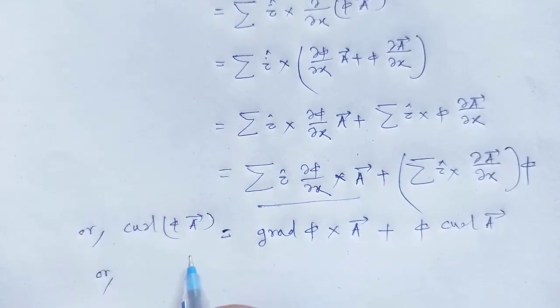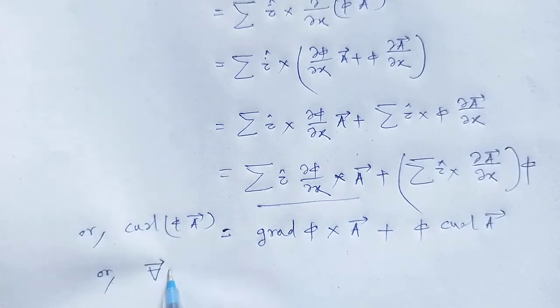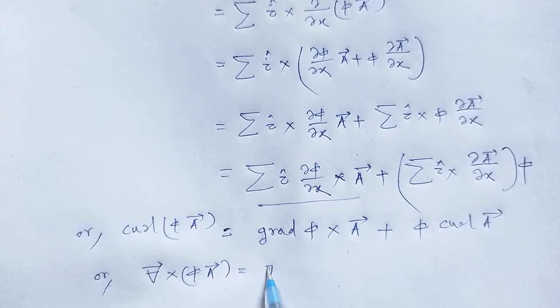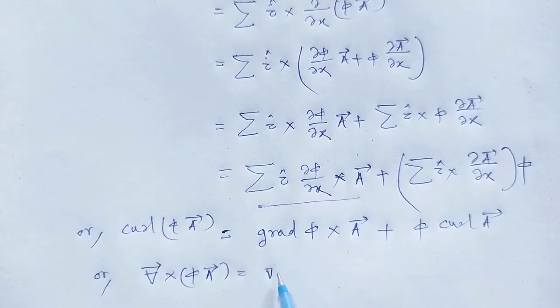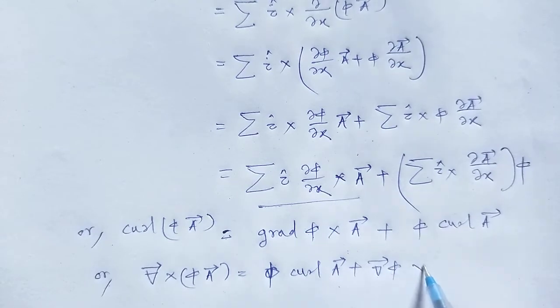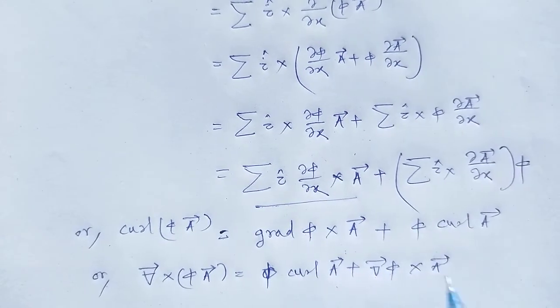We can use the notations: grad cross phi a vector is equal to phi curl a vector plus grad phi cross a vector.